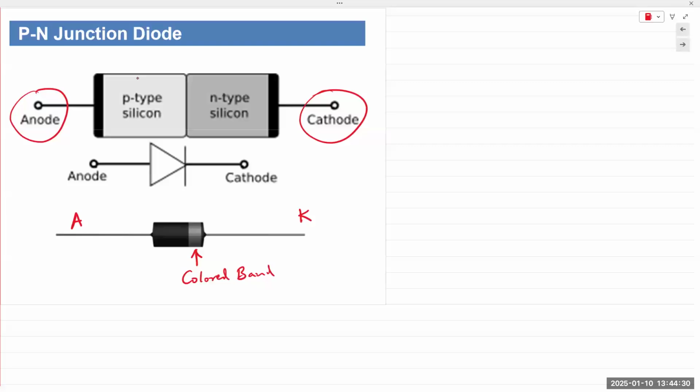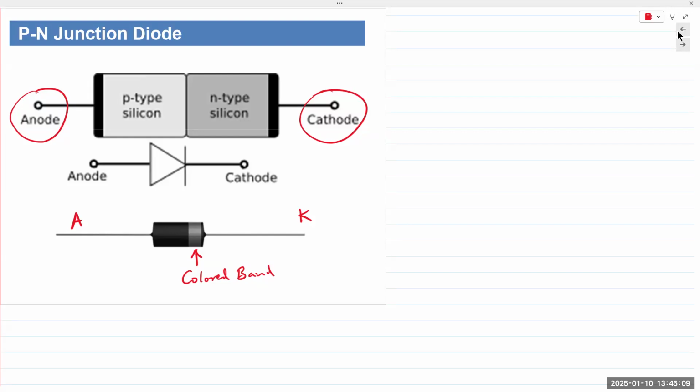There will be black epoxy material and a silver gray band running around one end, and the terminal it's closest to is the cathode. You also have Zener diodes in the lab kit. They're in transparent plastic packaging, and I believe orange or red, maybe with black bands running around one end, and that black band indicates the cathode. So there's always a band closer to one terminal, and that terminal is the cathode. That's how you would identify it.